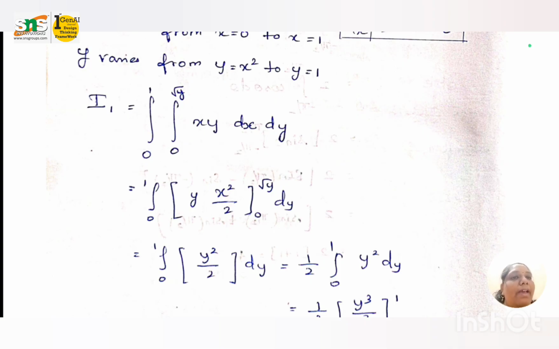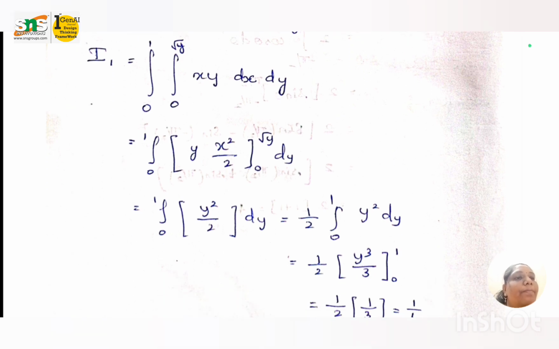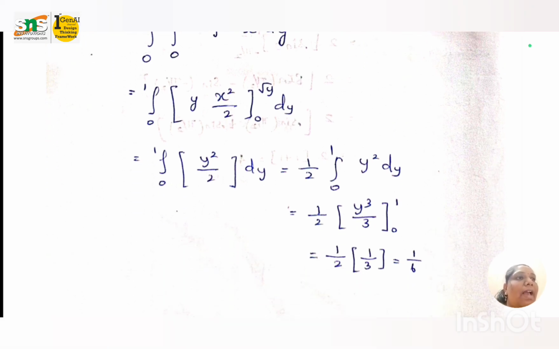Already y is there, so we get y squared divided by 2 dy from 0 to 1. By integrating, we get y cubed divided by 3. By substituting the limits, we get 1 by 6 as the answer.